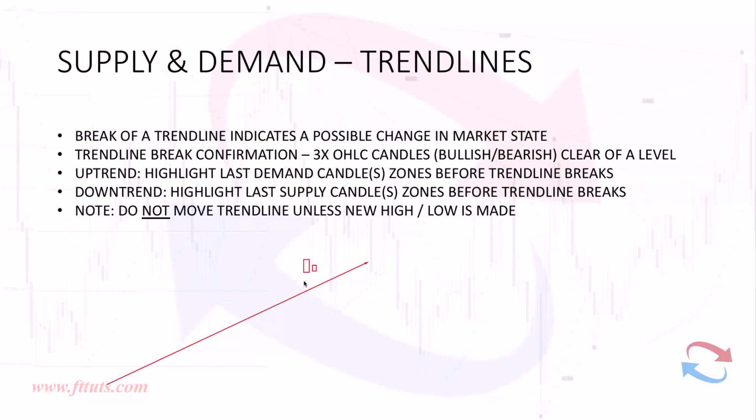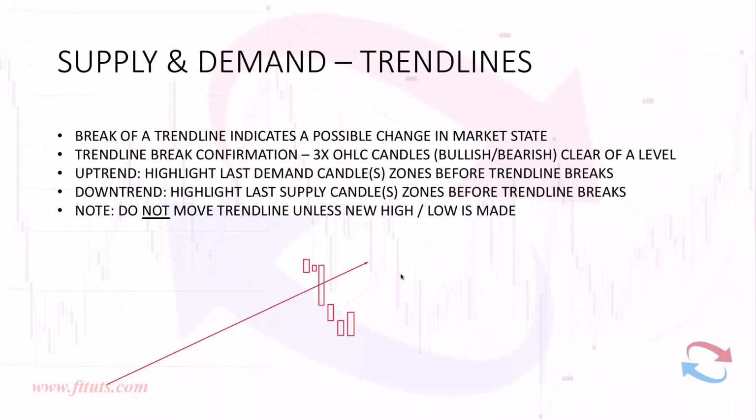This is a bearish candle, this is a bullish candle, and then we have a bearish candle, and then we get 1, 2, 3, let's say, for example, where this is a bullish candle. Now we've got 1, 2, 3 candles clear of the level.